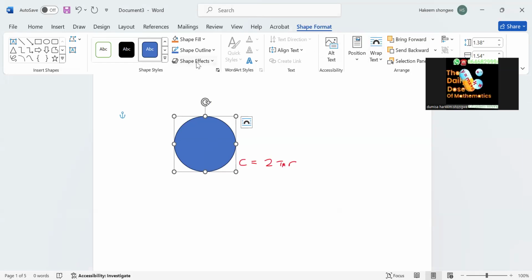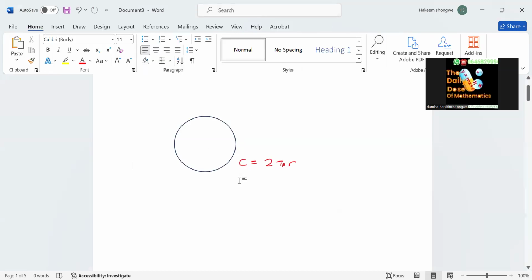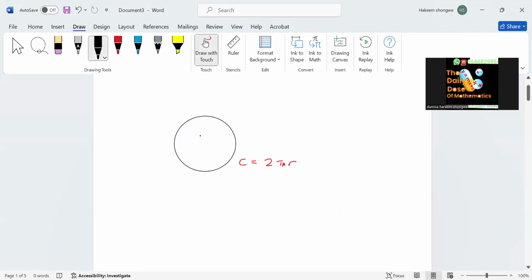It needs to be empty, no fill. Now, draw the radius. Okay, you want me to have a radius.